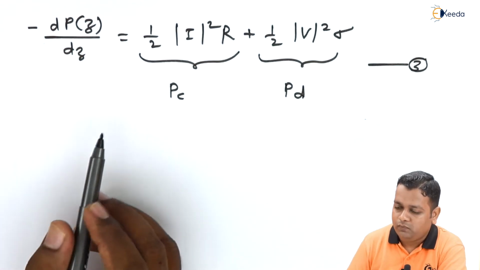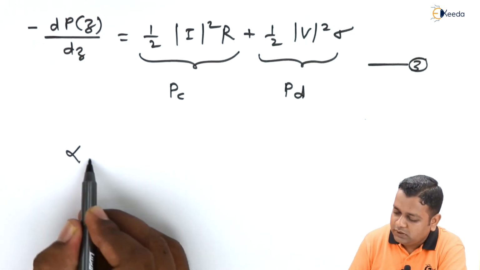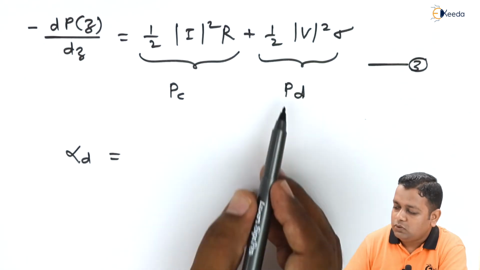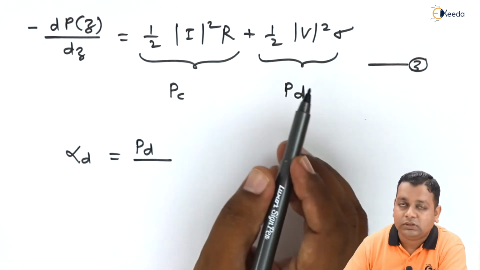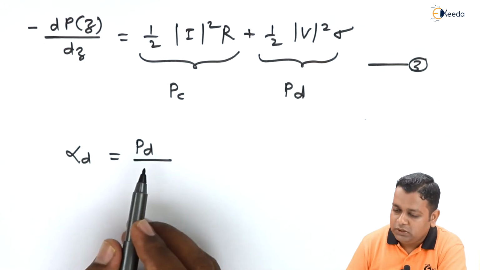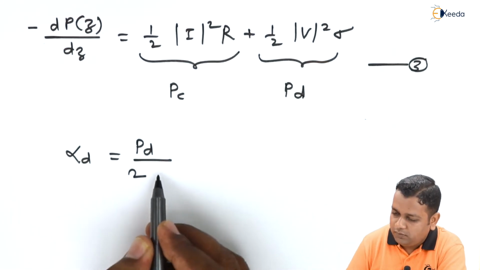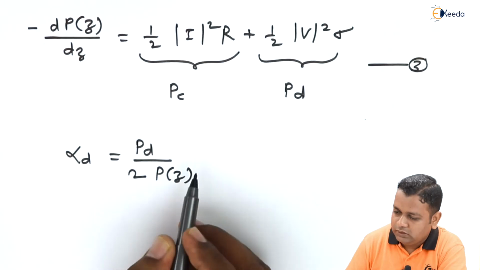Next, when we continue, we can express alpha suffix d by the use of this P suffix d, the second term on the RHS, divided by twice of P as a function of Z here.